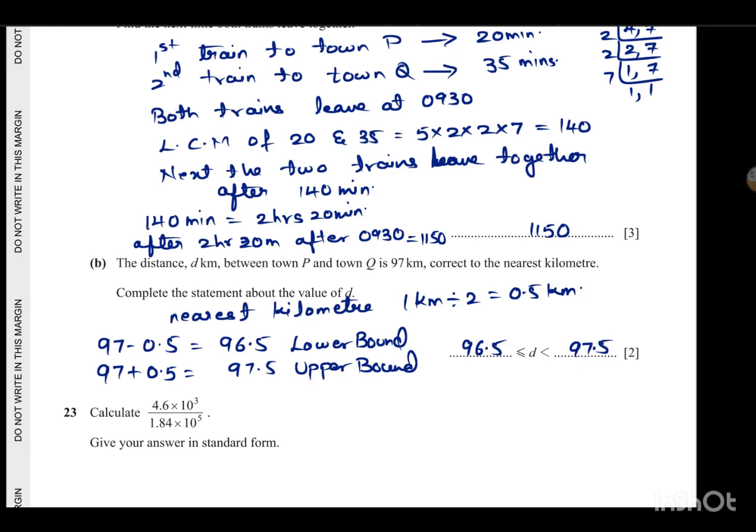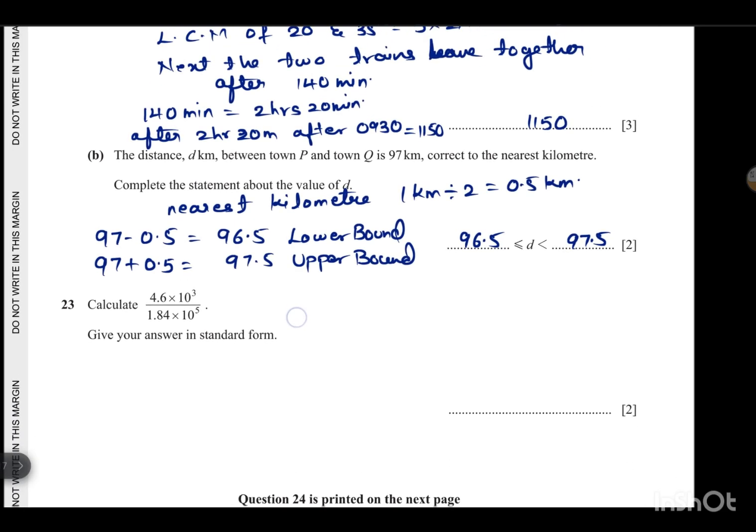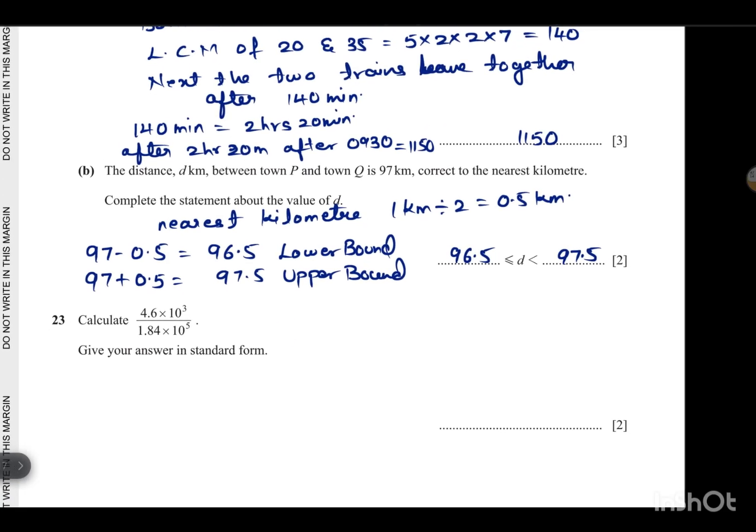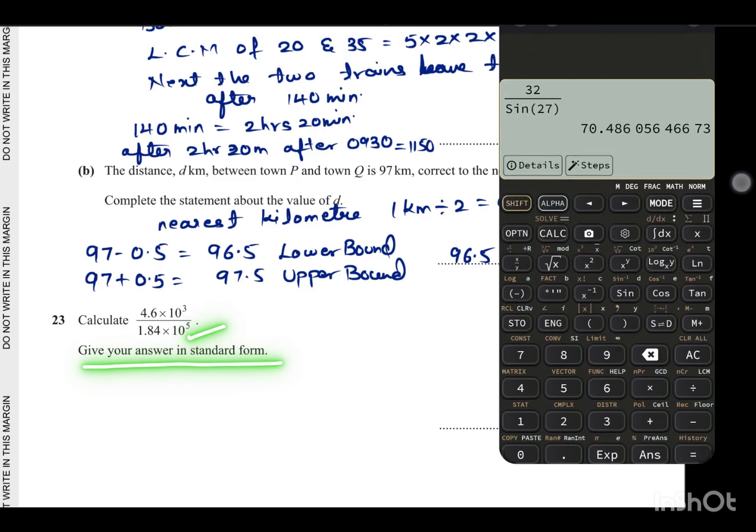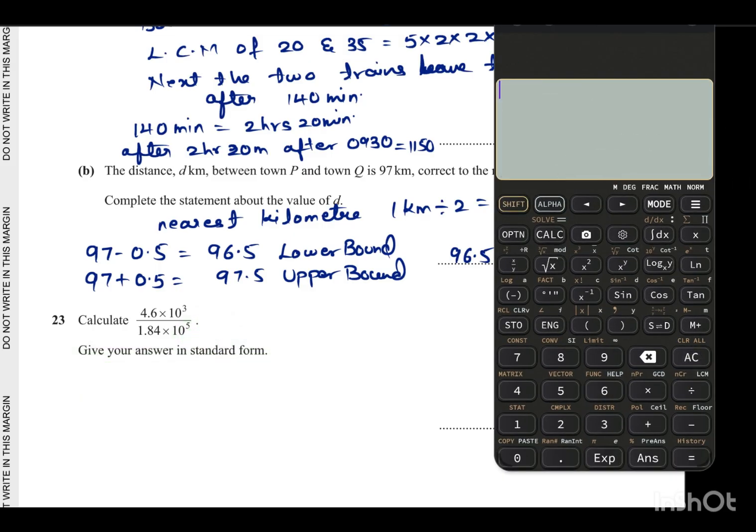Question number 23. Calculate 4.6 into 10 raised to 3 by 1.884 into 10 raised to 5. Give your answer in standard form. How to find this? Take the fraction button, 4.6 into 10 raised to 3 by 1.884 into 10 raised to 5.